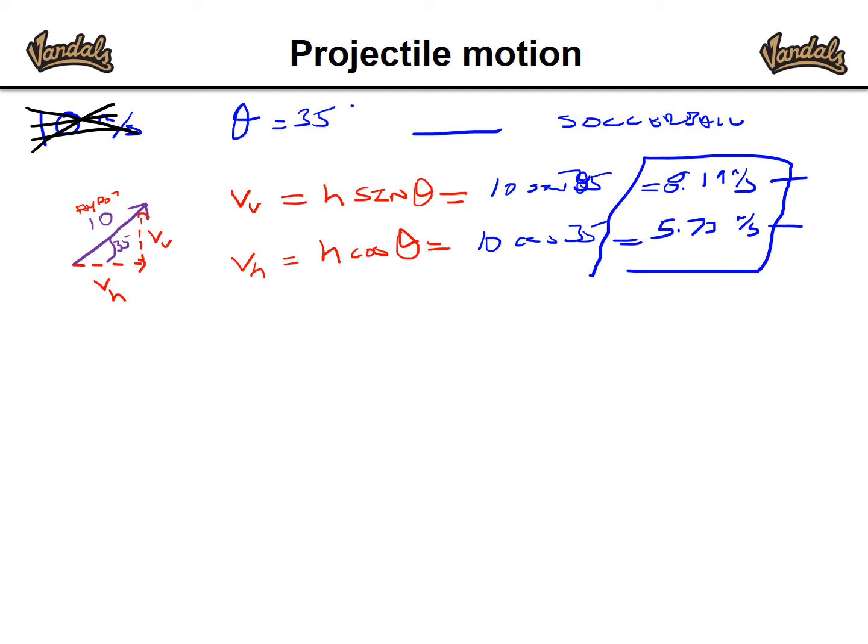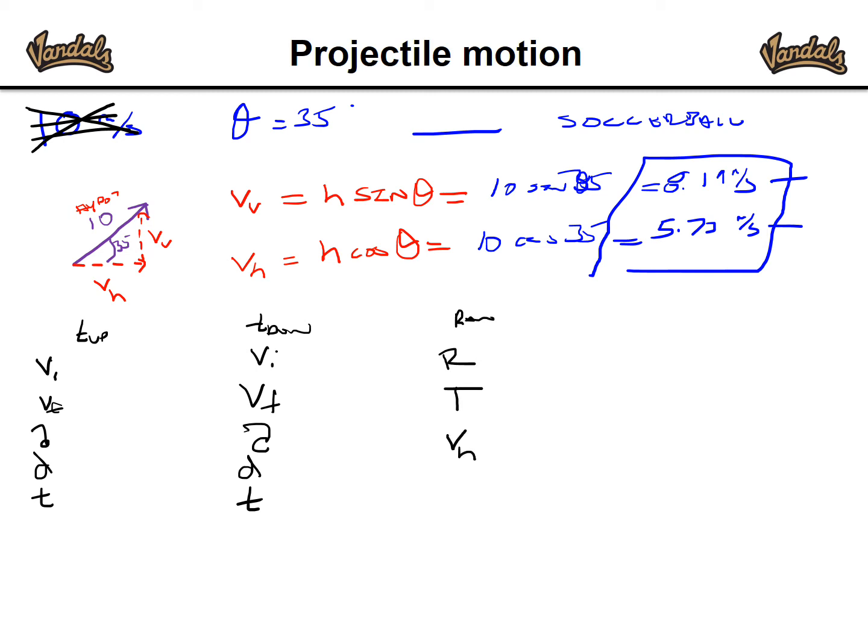Okay. So the other thing I end up doing is I will create a little note for myself: VI, VF, A, D, T, and I'll have this as my T up, and then I have my T down, and I have again VI, VF, A, D, T. And then I will also have my range, so I'll have R, big T, and V in the horizontal.